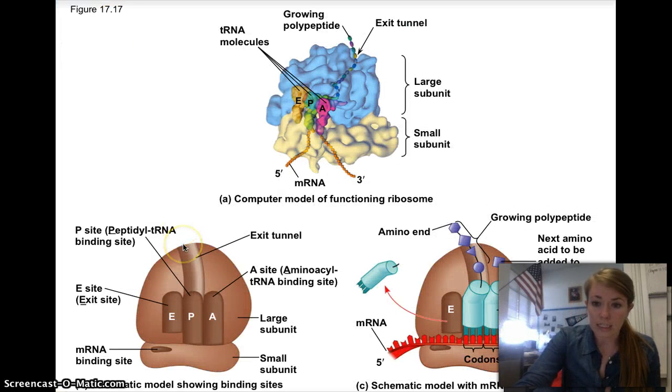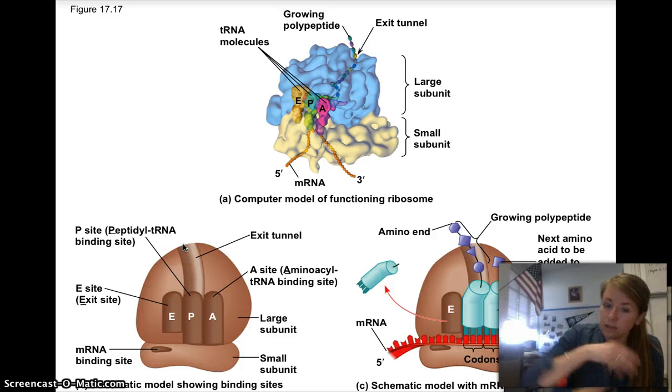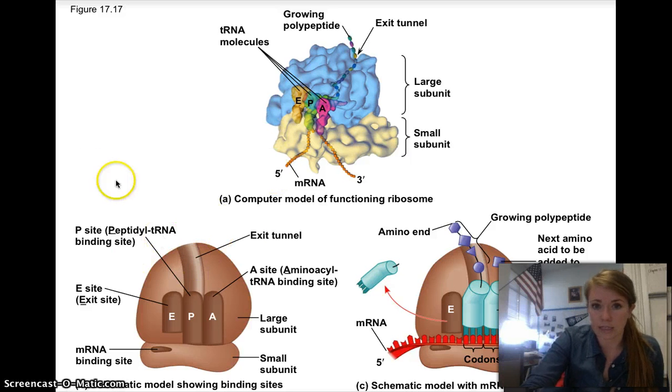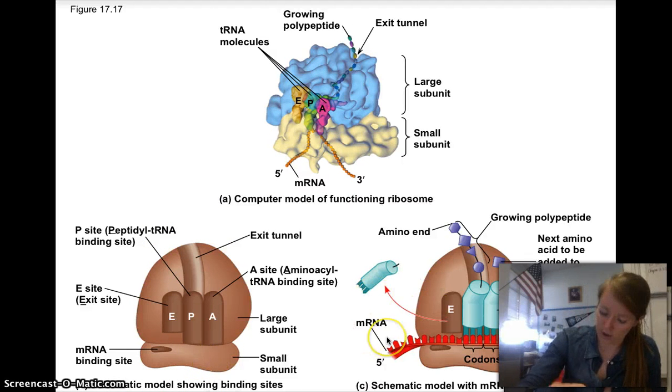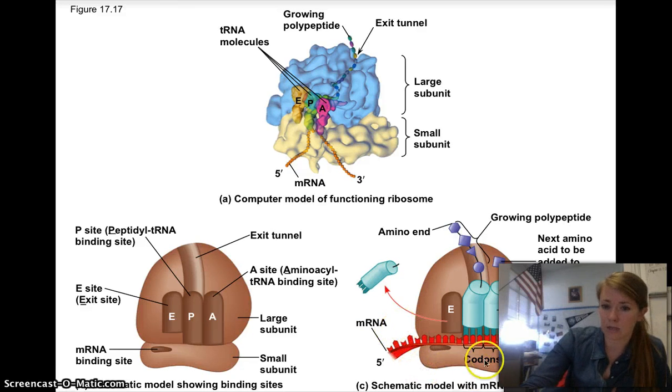So here is, this picture's on page 339. It's 3 different ways to look at it. So here's like a computer modeled one. Here's a schematic one showing the binding sites and a schematic model with RNA and tRNA. So there's 3 places in the ribosome molecule that we're going to talk about.